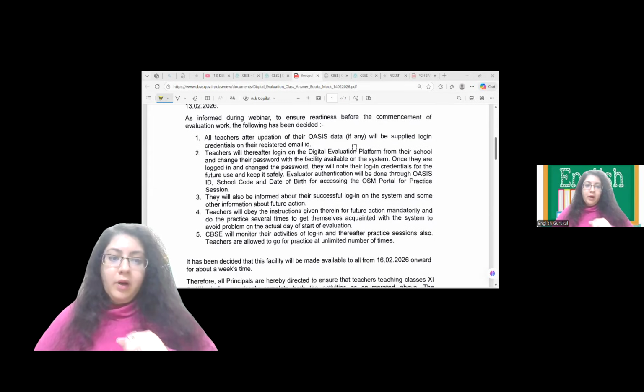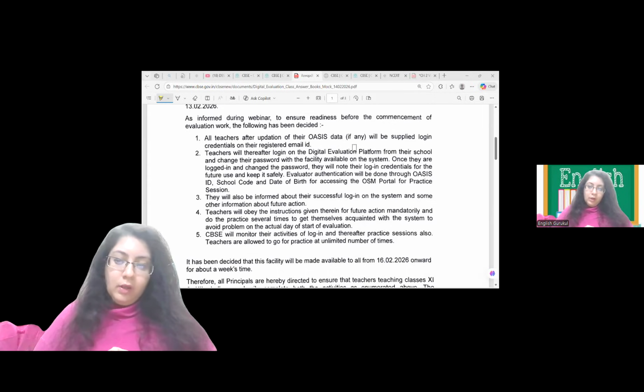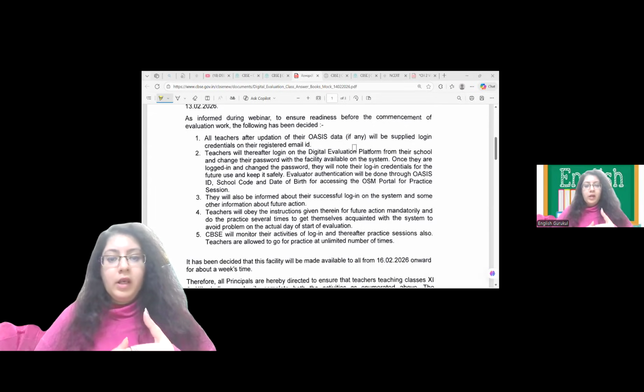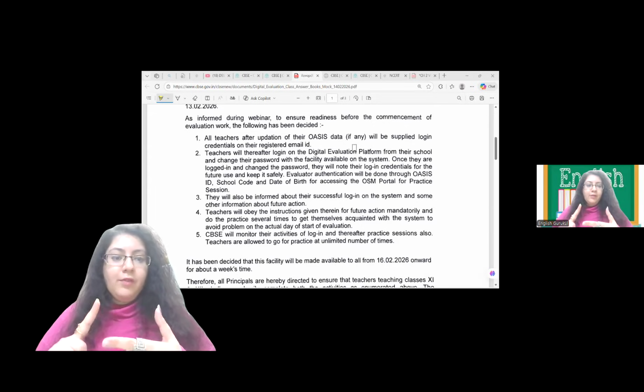Then the fourth point: teachers will obey the instructions given therein for future action mandatorily, and do the practice several times to get themselves acquainted with the system, with the ecosystem, so to say, to avoid a problem on the actual day of start of evaluation.